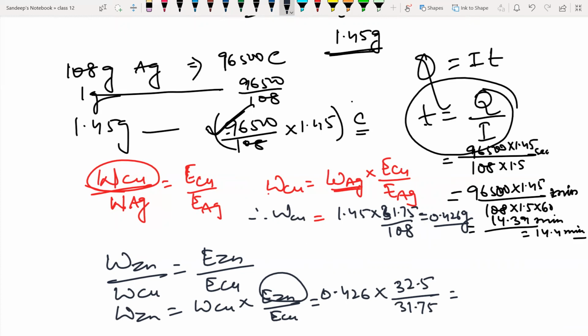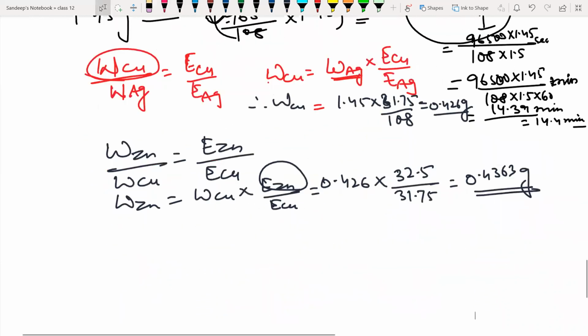So 0.426 into 32.5 divided by 31.75. So this will be 0.4363. This will be the amount of zinc deposited. So this way you can solve the question based on Faraday's law of electrolysis.